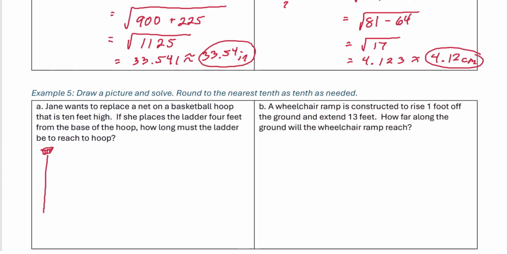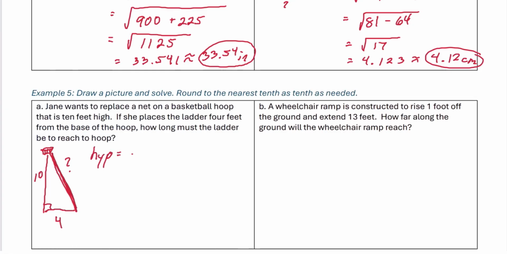The ladder is going to be 4 feet from the base. How long must the ladder be, if the basket is 10 feet high? So we have a right triangle, and we're looking for the length of the ladder, this piece here, which is the hypotenuse of that right triangle.